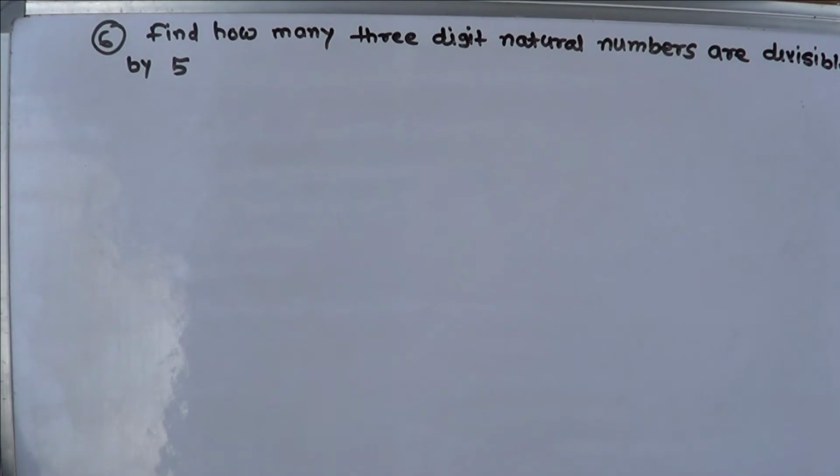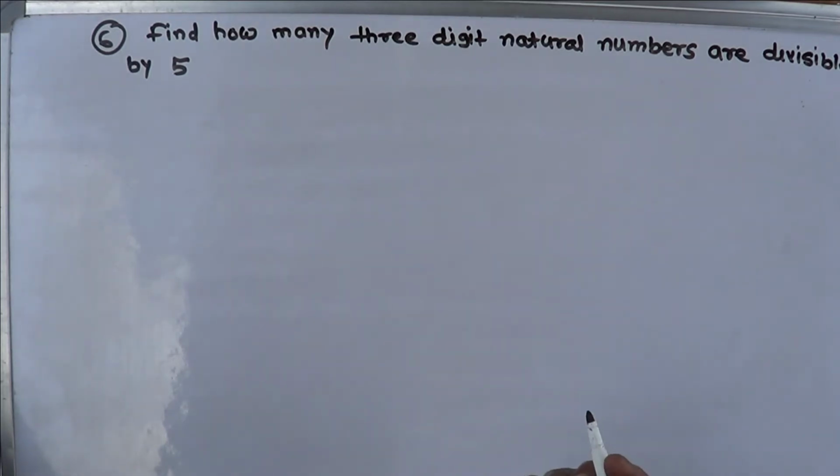So our first 3-digit number is 100 and our last 3-digit number is 999. But all these numbers between 100 and 999 are not divisible by 5. So our first number will be equal to 100.